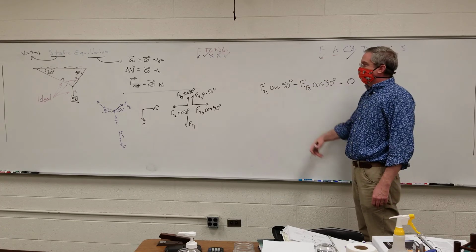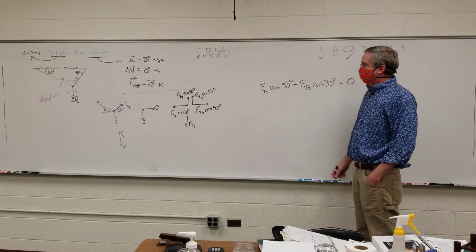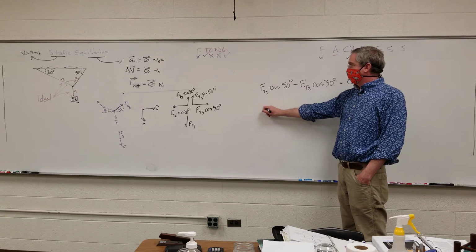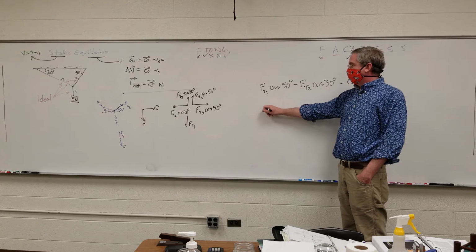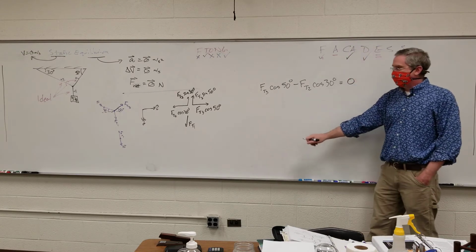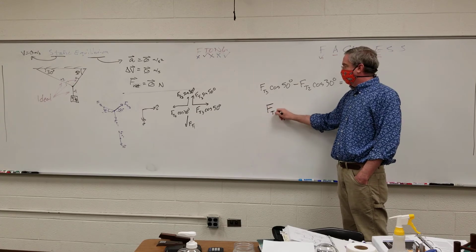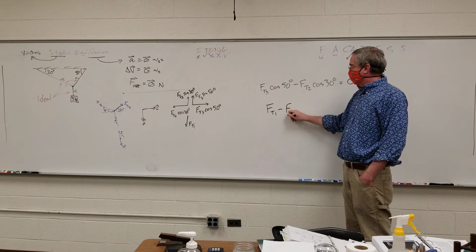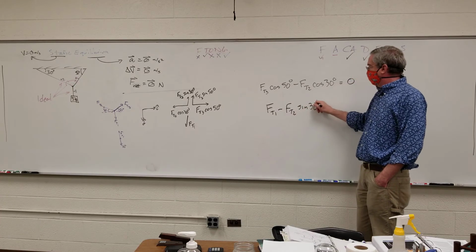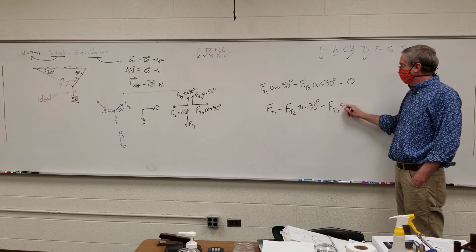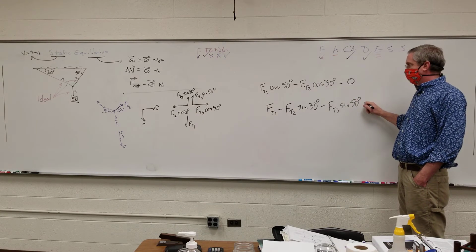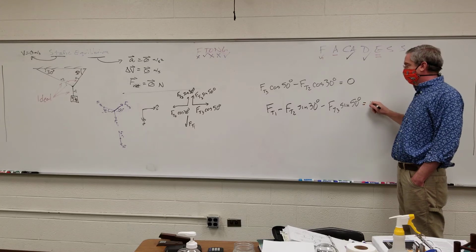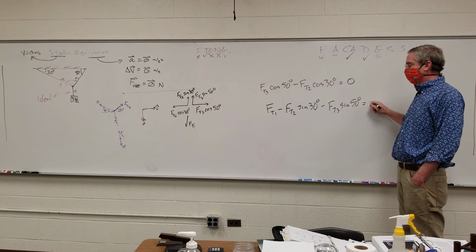All right. Another equation of motion. It would be FT1 minus FT2 sine of 30 degrees minus FT3 sine of 50 degrees is equal to 5 times 9.8.